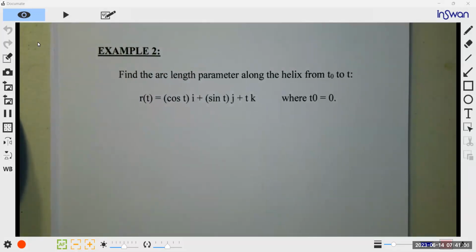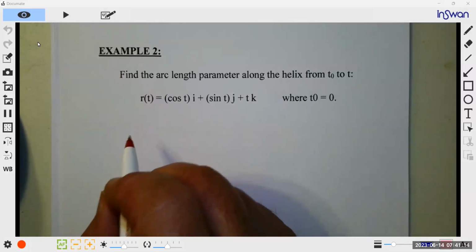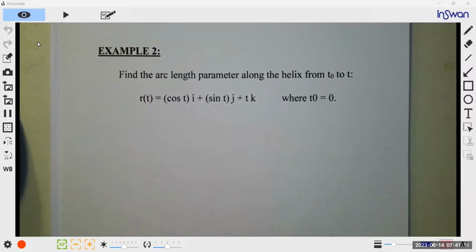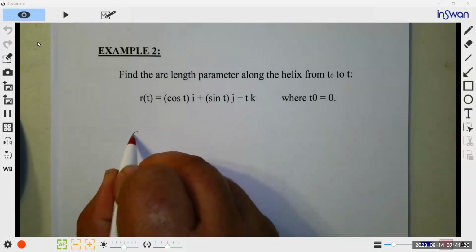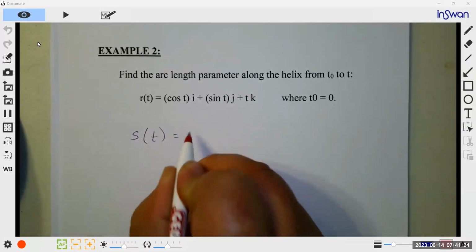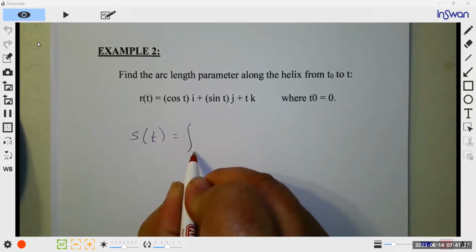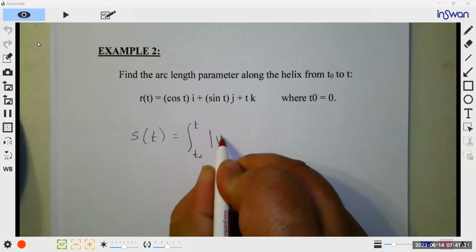Find the arc length parameter along the helix from t sub 0 to t. We know that the arc length parameter is this function.